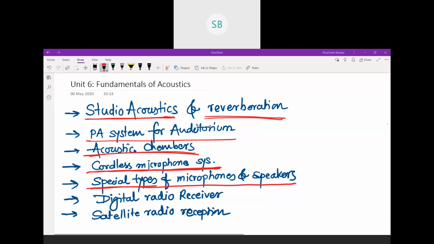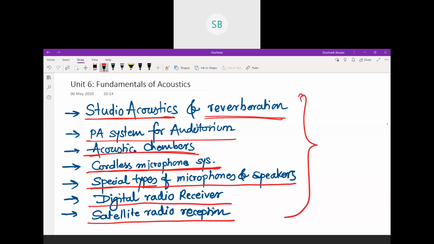So you must use the instrument as per its functionality and as per your requirements. Am I right? And the last two important points are digital radio receiver and satellite radio reception. These are the constituents of the sixth unit.